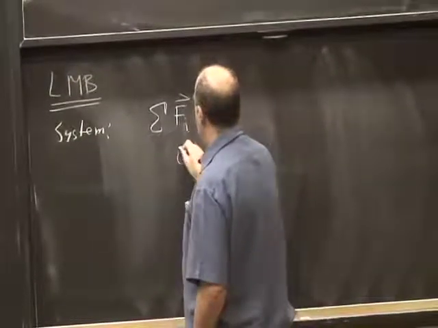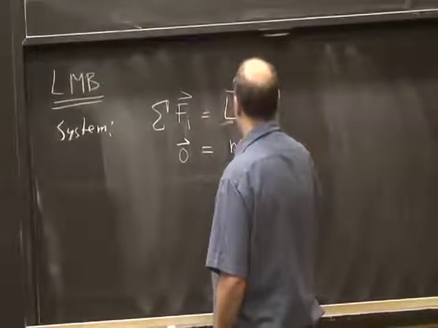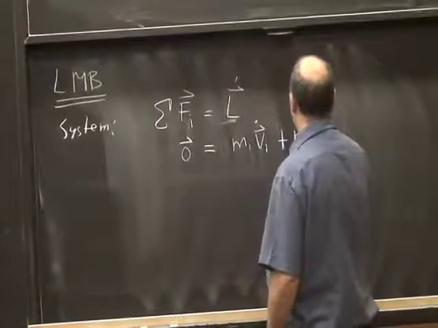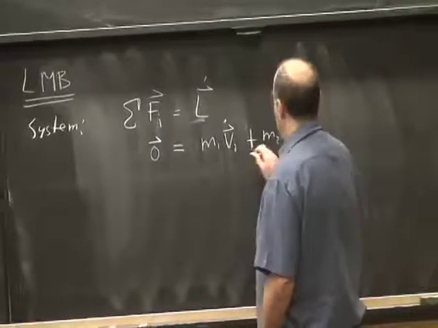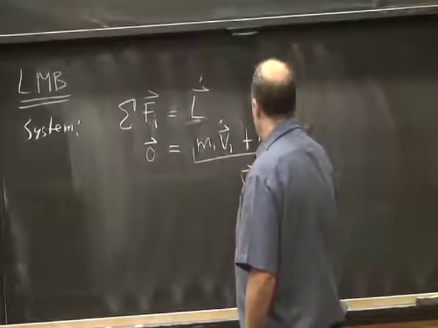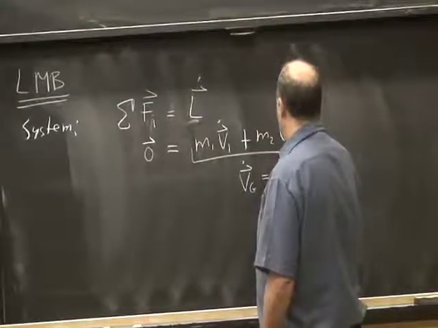The sum of the forces on the system was 0, and that says that m1 v1 dot plus m2 v2 dot, as vectors, is equal to 0. But this quantity here is just vg dot.